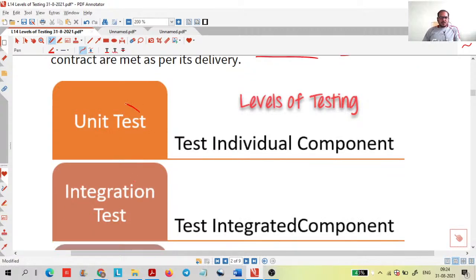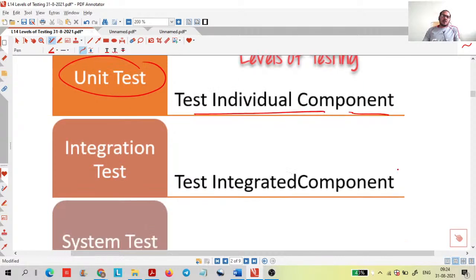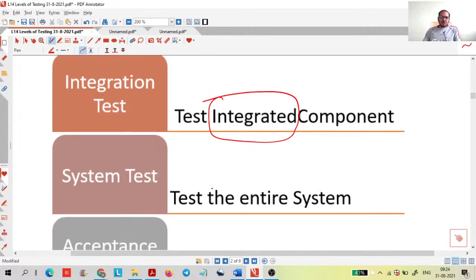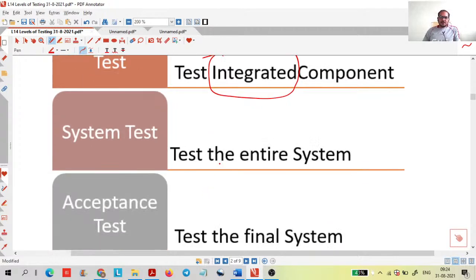As we discussed, unit testing tests the individual component, integration testing tests the integrated component, and system testing means testing the complete entire system.